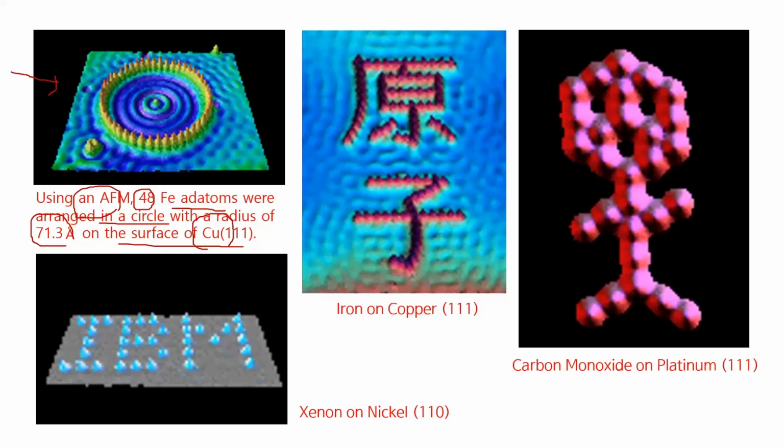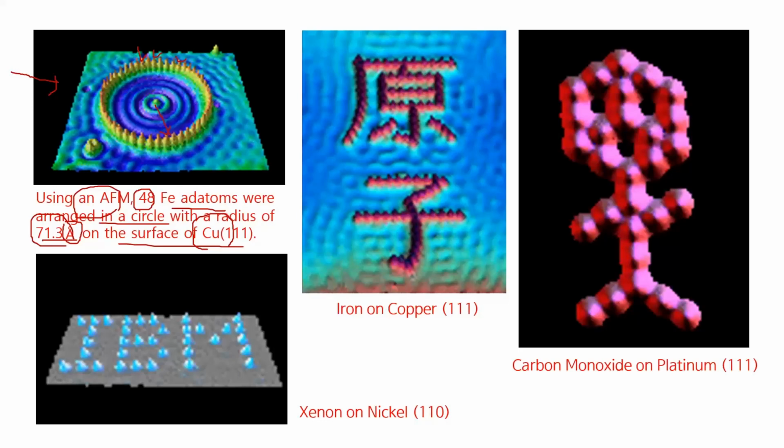So these iron atoms, 48 iron atoms, are arranged on the surface of the copper, and the radius of this circle is 17.1 angstrom.